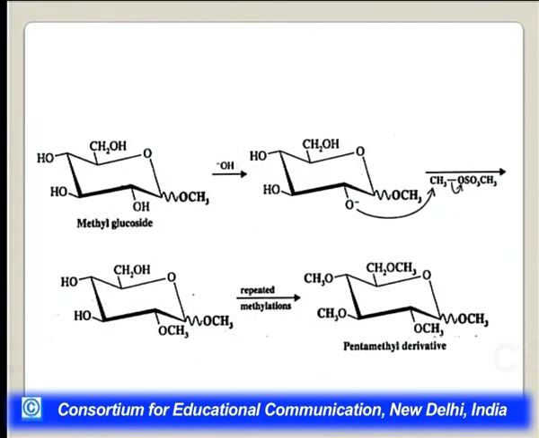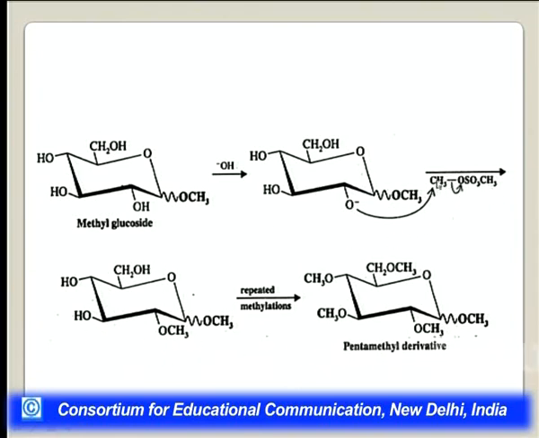How did it take place? Let us see. This is what you can see. This is the methyl glycoside. It can represent alpha or beta form. And this hydroxyl group, what it does over here, it abstracts this proton, right? And you will get this kind of intermediate. And by the reaction with this dimethyl sulfate, you will get this kind of moiety.